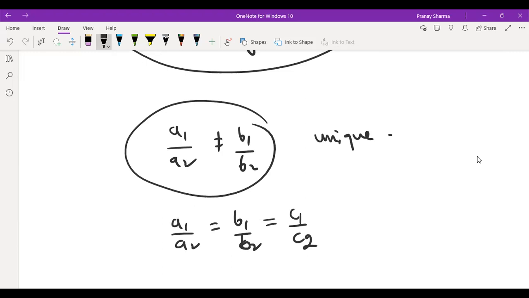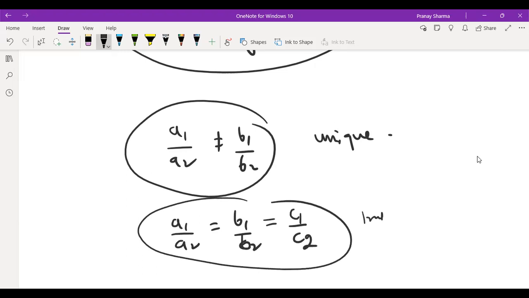Is it a case of parallel lines or coincident lines? So this is a case of coincident lines, right? So we can have infinitely many solutions. If we are stating infinitely, that means it is understood that we will be having multiple solutions, right? The solutions are infinitely many. So these are coincident lines, fine?